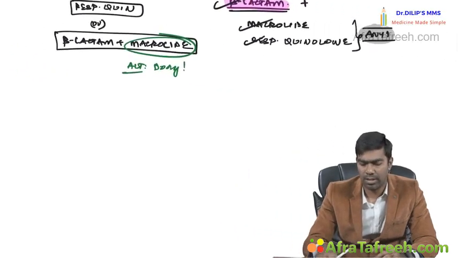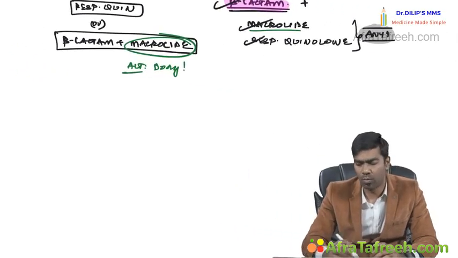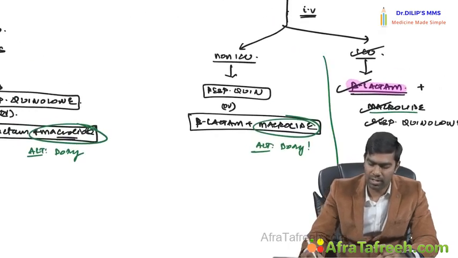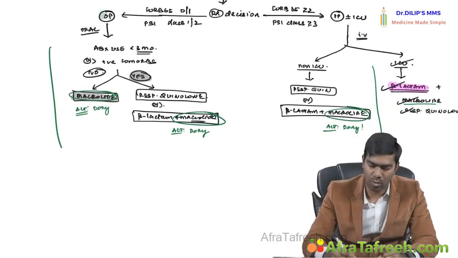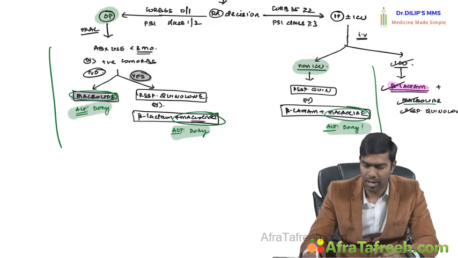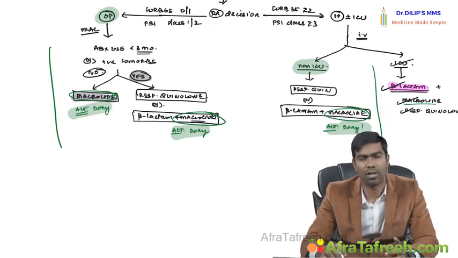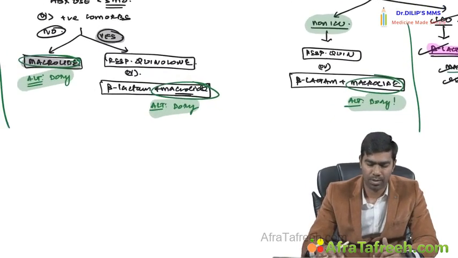But I didn't tell doxycycline here. Why? Because doxycycline is indicated only in OP and non-ICU patients. Only in OP and non-ICU patients you can use doxycycline as an alternative. But in ICU patients, generally doxycycline is not indicated, because of the poor efficacy in trials of doxycycline in ICU patients. That's why we don't use it.